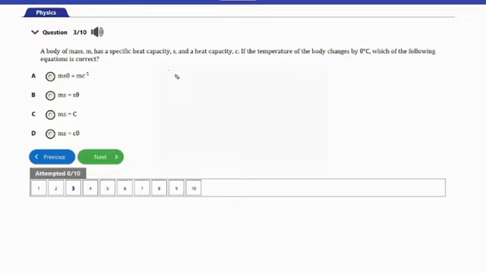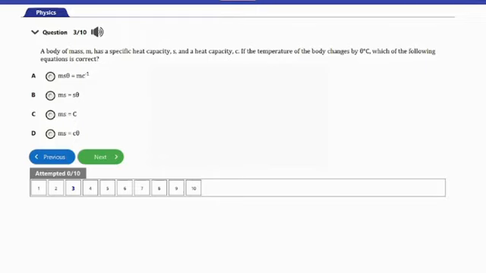So if heat loss is heat gained, so we are going to have C theta is equal to MS theta. So we can cancel out theta in this, and then we have that C is equal to MS, so MS is equal to C. Option C is the answer to this question, guys, and that's MS is equal to C. So that's it for this question.